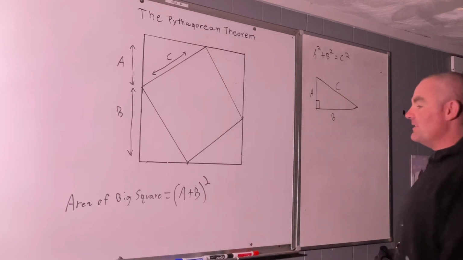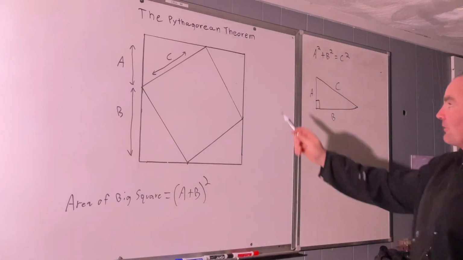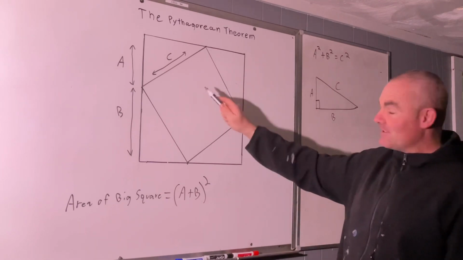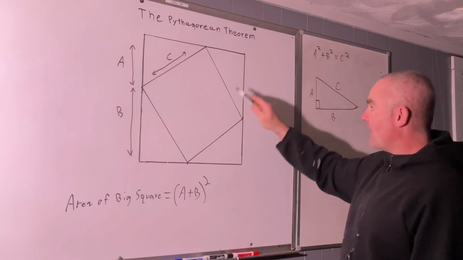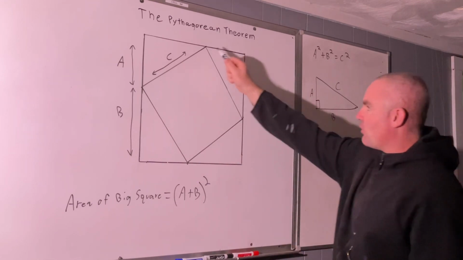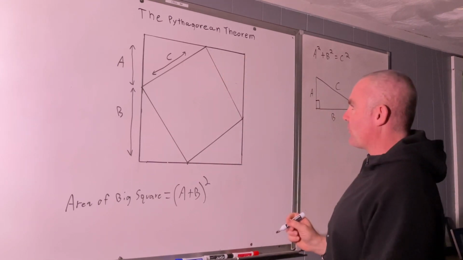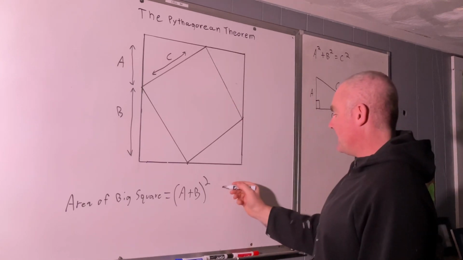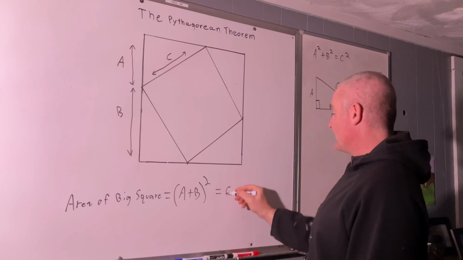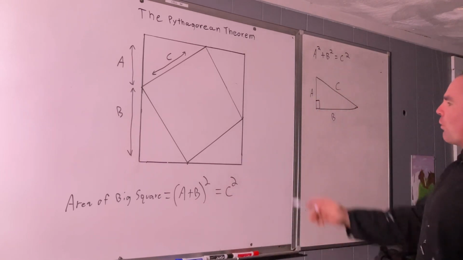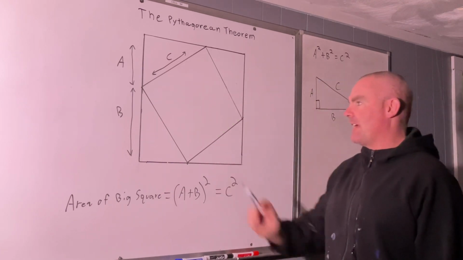Well, there's another way we could express the area of this big square. We could call it the area of the little square plus the area of the four triangles. All right. Well, what is, according to this diagram, the area of the little square? It is c squared. Well, what's the area of one of the little triangles?